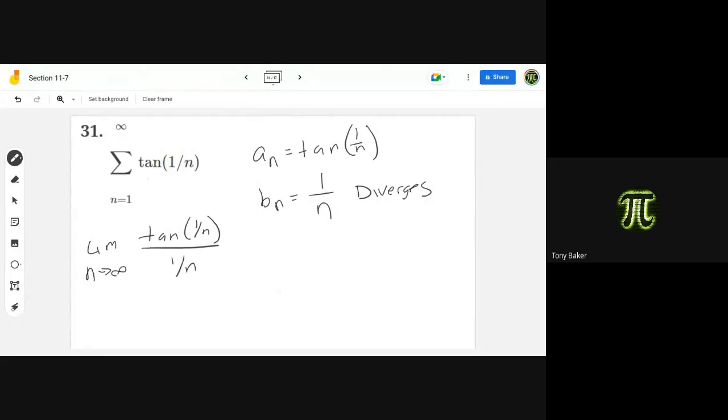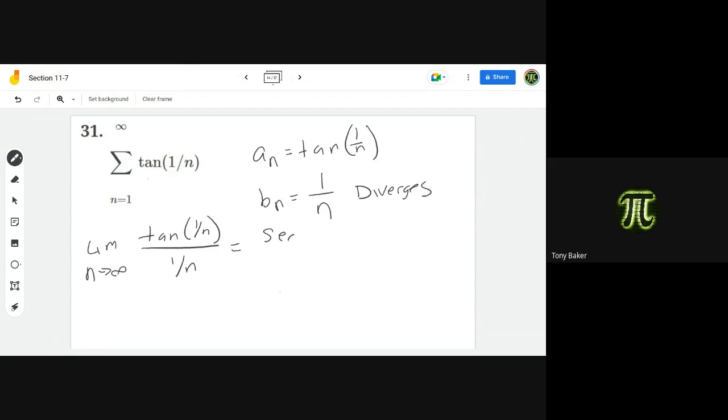I'm going to get 0 on the bottom. And what am I going to get on top? 0. So I have 0 over 0, which is an indeterminate form. Since it's an indeterminate form, I have to do L'Hopital's rule. So take the derivative of the top and the derivative of the bottom.